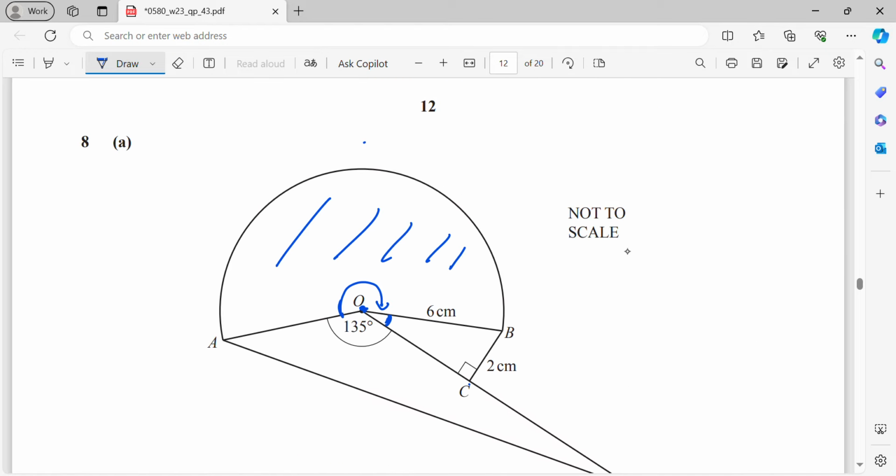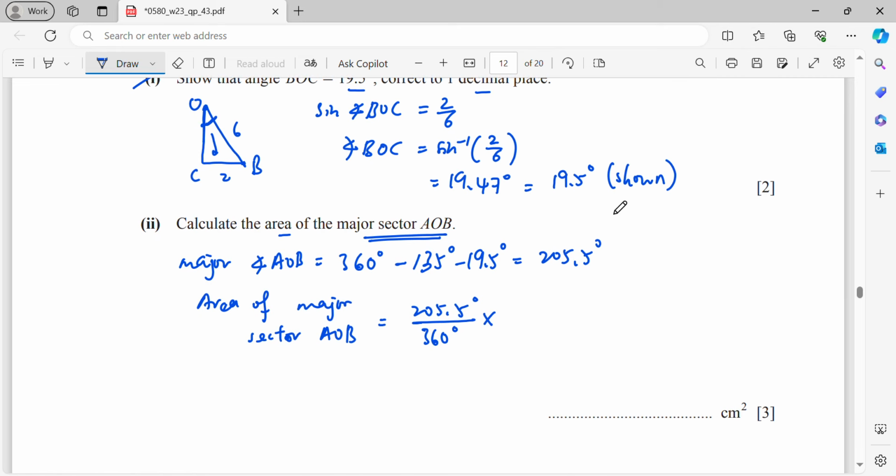Your r is 6 because O is the center. The unit here is cm squared, pi is 3.142, then 6 squared. From here, you will get 64.5681, and I will round it to 64.6. That is the area of the major sector.